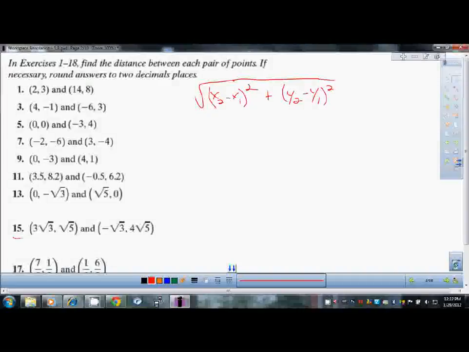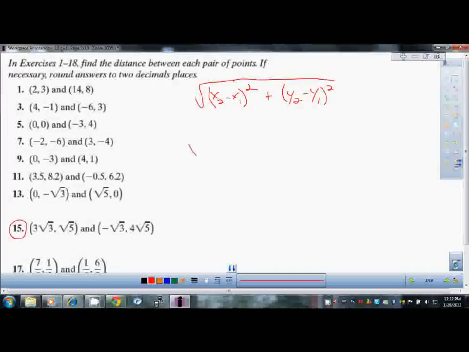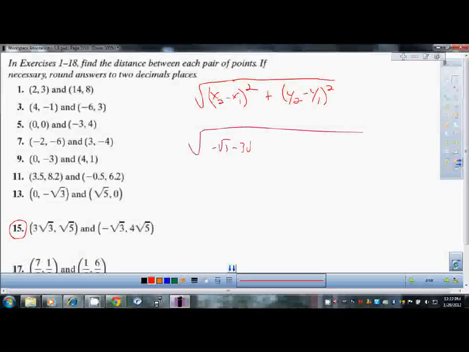I'll jump down and do number 15. That will be the hardest one on the page because of all the radicals. x2 is negative radical 3, x1 is 3 radical 3, squared. y2 is 4 radical 5, y1 is radical 5.